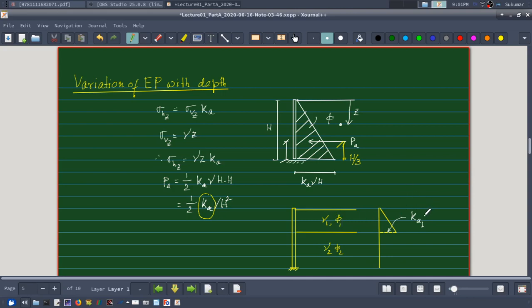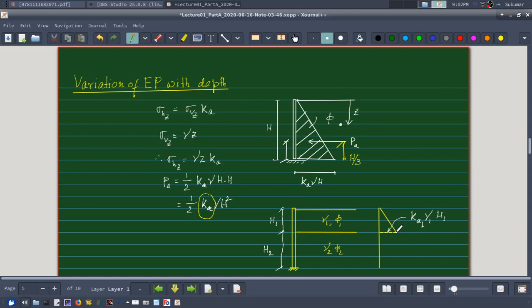So Ka1 gamma 1 into, say this is my H1, and this is my, say, H2. Okay, so Ka1 into gamma 1 into H1 will be my earth pressure here.